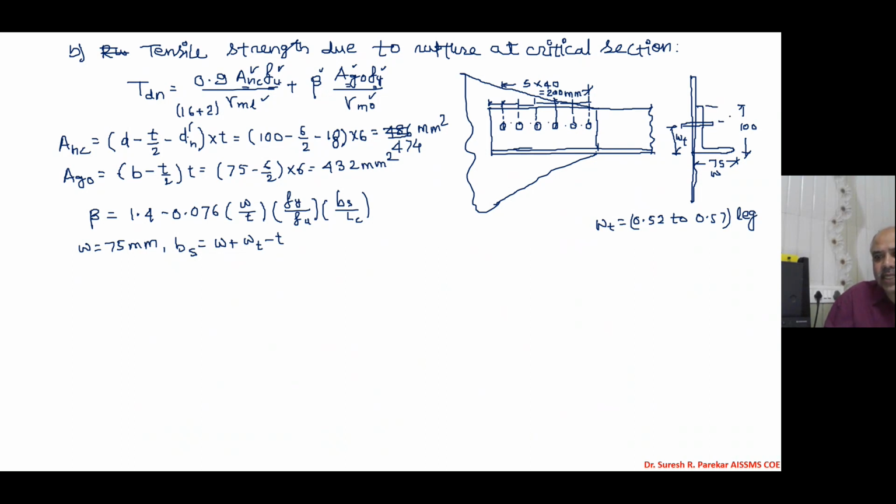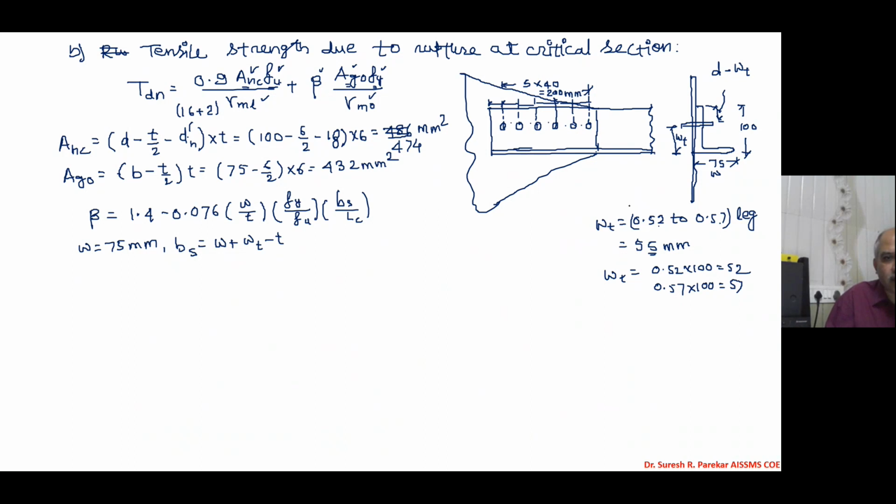This is not this distance. This is distance from toe, which will be D minus Wt. So Wt we will get 55 millimeters because leg is 100. So 0.52 into 100 will be 52 and 0.57 into 100 will be 57. So we round up to 5 if possible, and then we have 55 millimeters.